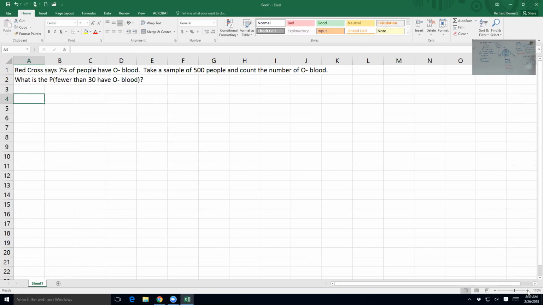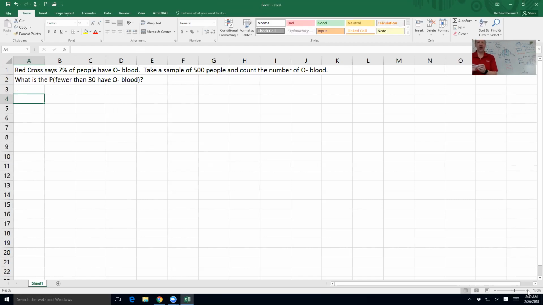We have to find the probability that x equals 0, the probability that x equals 1, and the probability that x equals 2, etc., all the way down to the probability that x equals 29. How many calculations do I have to do? I have to do 30 calculations.